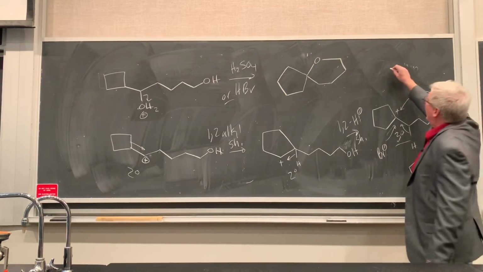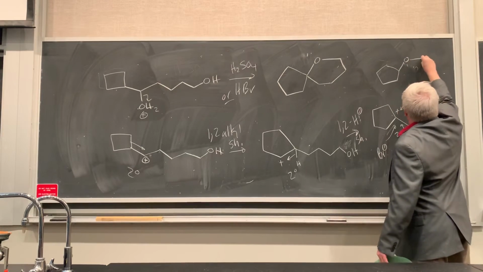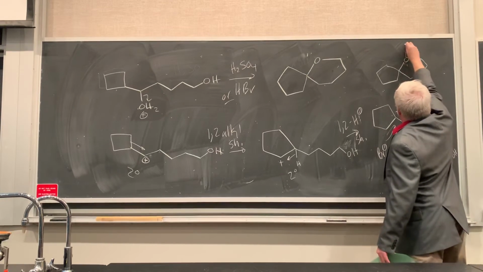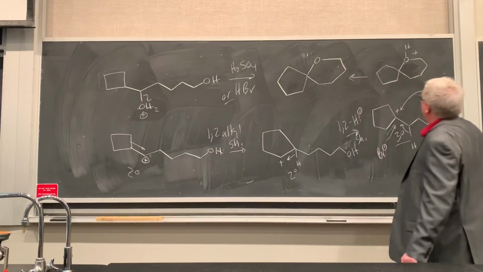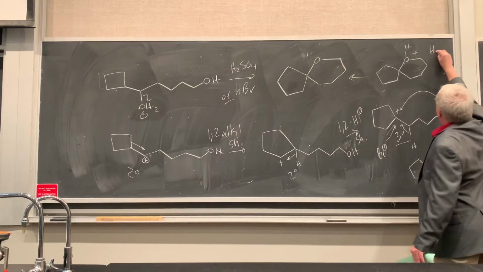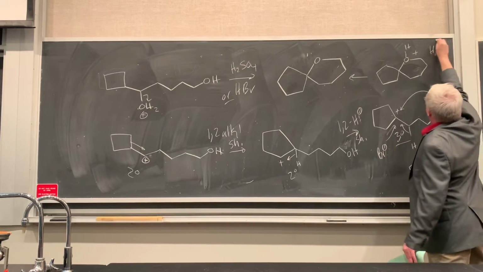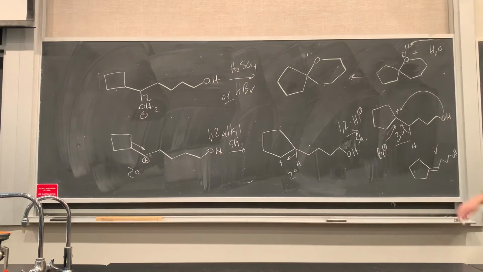So if we attack there, notice we'll get the six-membered ring forming. And it's got a proton on it right now, so it's another step in this mechanism, right? So we need to take off this proton either with water. We generated water early on, so let's use that. And that will give us the final major product in this case.